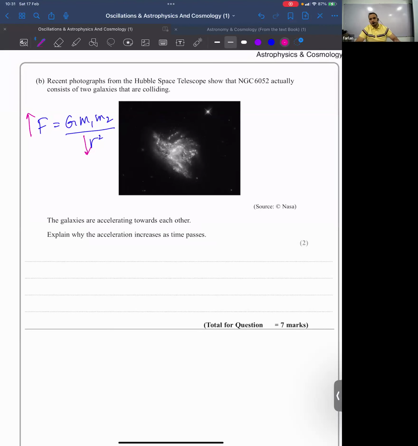According to Newton's law of gravity, the attractive force between the two galaxies is inversely proportional to the square of the distance between them.